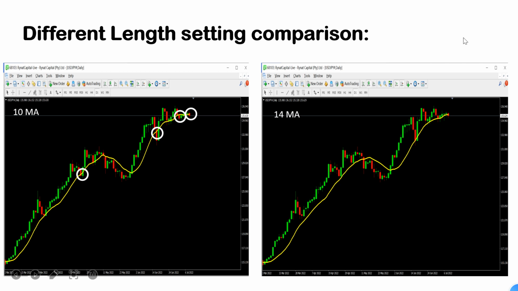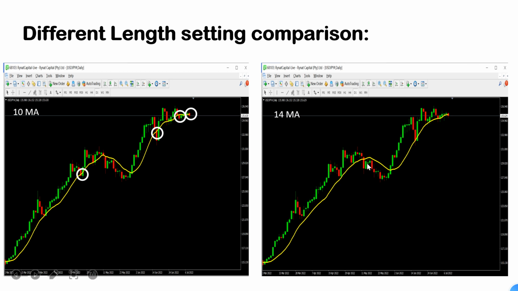But if you compare to the 14-day MA, then we could notice that every time the price reached the 14-day MA, the price got support. But here, once the price broke downward through the 14-day EMA, the price actually made a lower pullback, right?